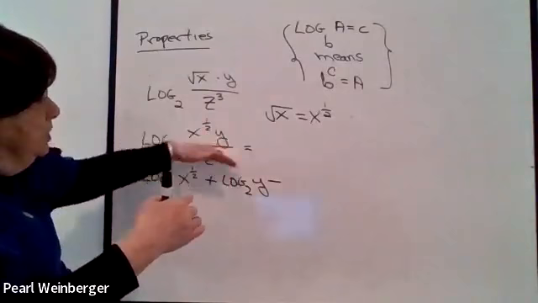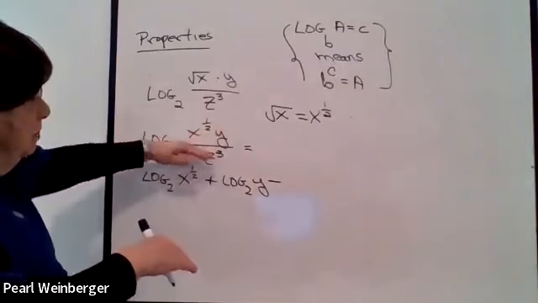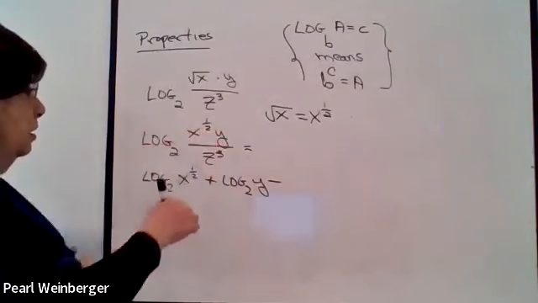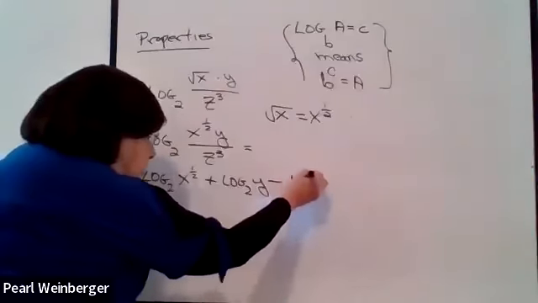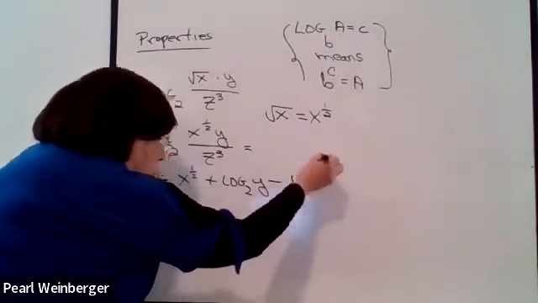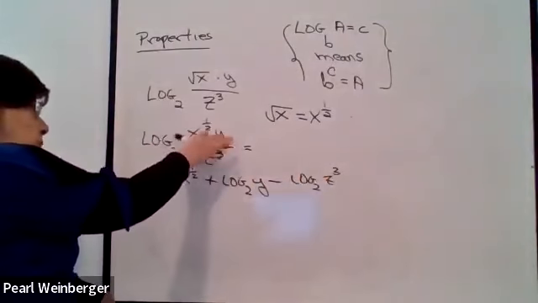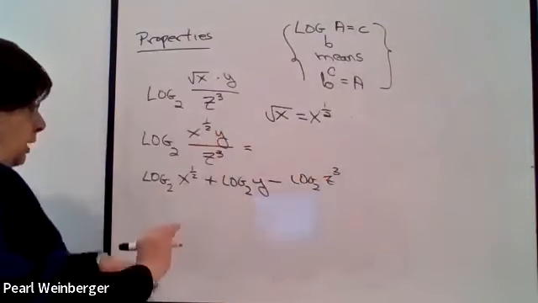Whatever is in the denominator has to be subtracted because everything in the denominator is being divided. So I'm subtracting the log base 2 of z to the third. So I first take care of where I have multiplications, I add, where I have divisions, I subtract.